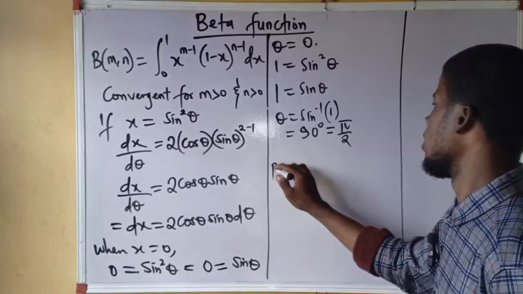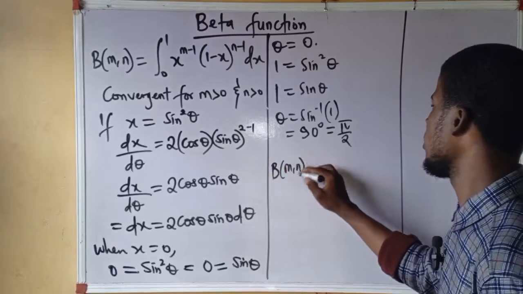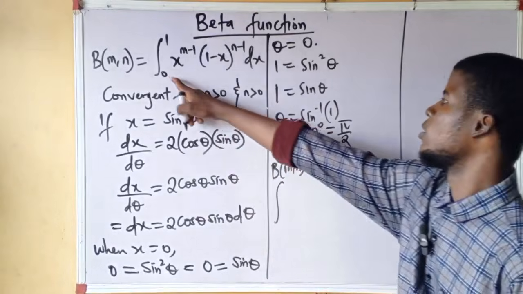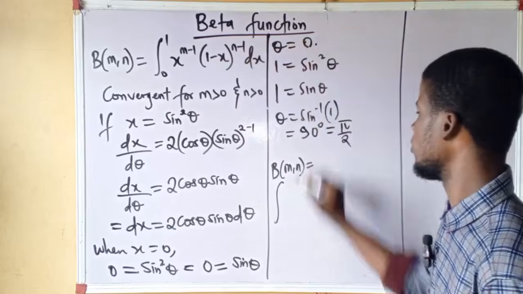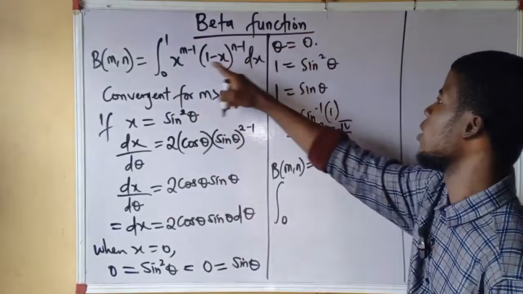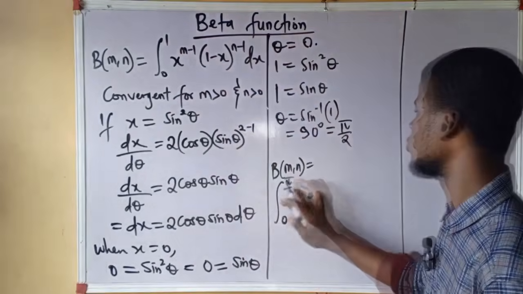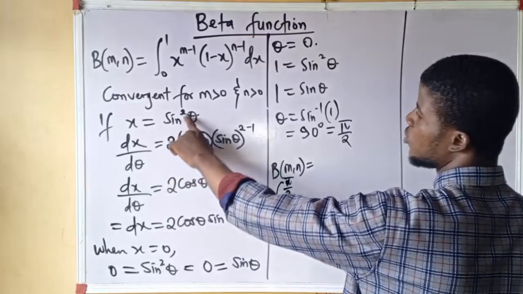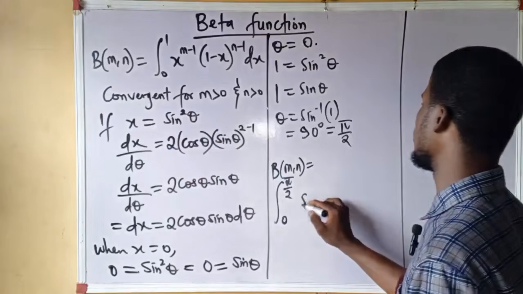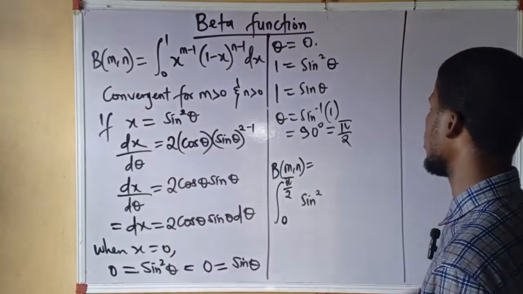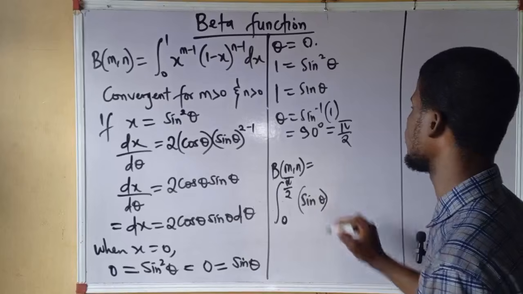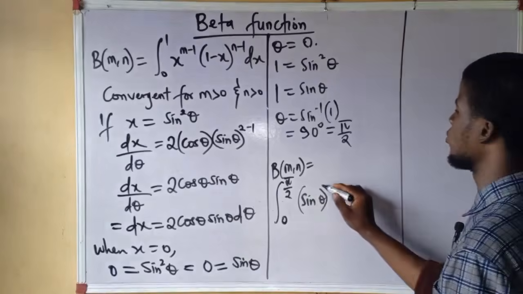Let's watch. Beta of m and n is now equal to the integral from when x is 0, theta is 0. From 0, when x is 1, theta is pi over 2. Then, what is x? X is sine squared theta. Let me write that as sine theta all squared.